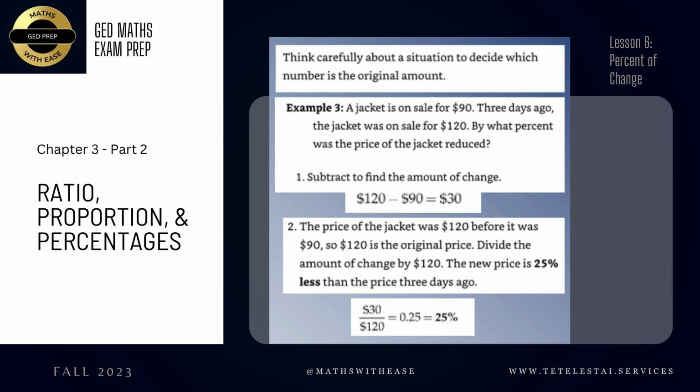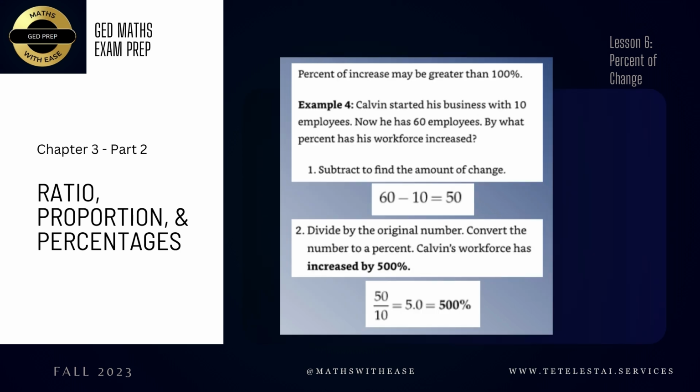So you want to change 0.25 to percentage form by simply multiplying 0.25 by 100%. So 0.25 times 100, we're moving the decimal place over to the right 2 times. That would give us 25 over 100, which we represent as 25%.